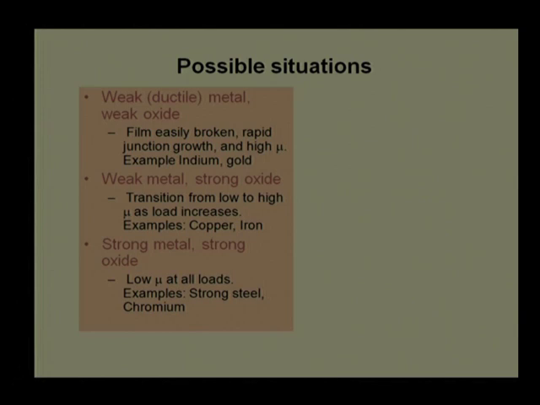Assume the metal is weak and the oxide layer is weak. When we talk about a weak oxide layer, it is not in an absolute sense, it is only in a relative sense. This layer is attached to the ductile material, and the strength of that layer over the ductile material is low.